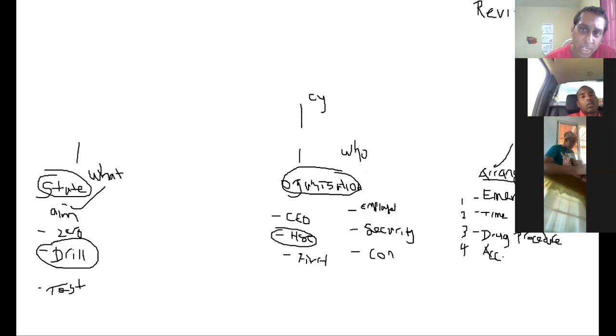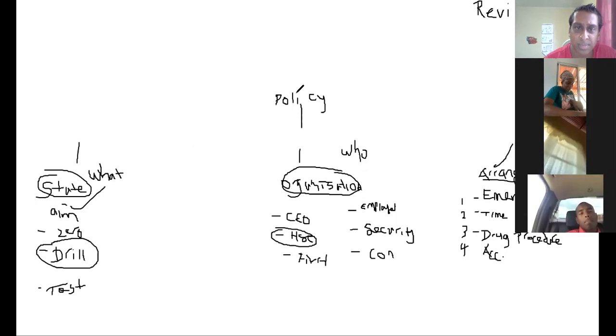Right? And again, just bear in mind, the table there, even though I draw a table, is really representative of a book, right? And this book is called the Health and Safety Policy Handbook. And as you open the book, you're gonna find these 3 sections in the book, right?